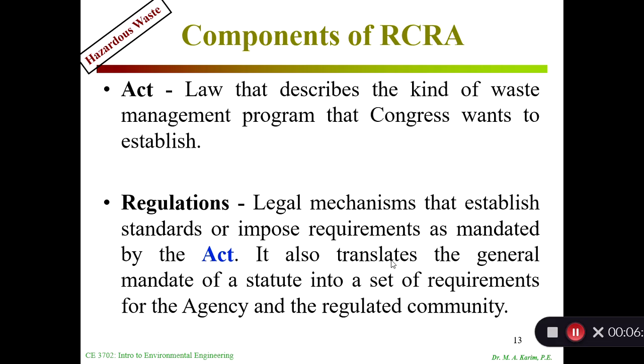So here is the further definition. The Act is a law that describes the kind of waste management program that Congress wants to establish, and the regulations are legal mechanisms that establish standards or impose requirements as mandated by the Act. It also translates the general mandate of a statute into a set of requirements for the agency and the regulatory community. So as I said, an Act could be 2 pages, and the regulations to meet the requirements of the Act could be 500 to 1,000 pages, depending on how we are explaining.